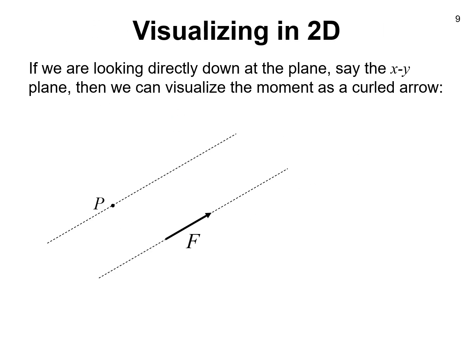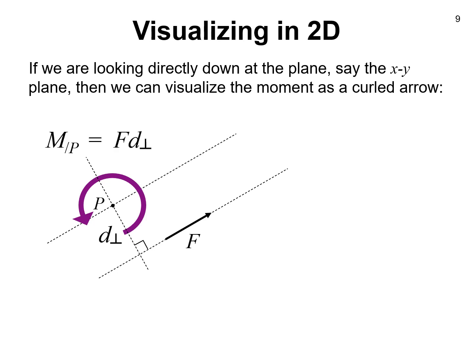So if we visualize this back in a two-dimensional viewpoint, meaning directly down at the plane defined by P and the force F, I can again illustrate the perpendicular distance between the point and the line of the force. And now I'll use my right-hand rule. In this perspective, it looks counterclockwise.